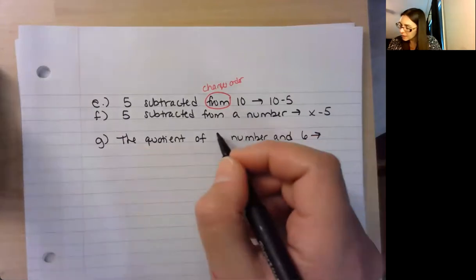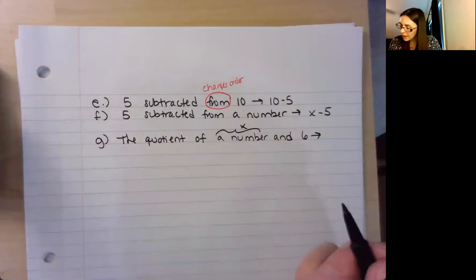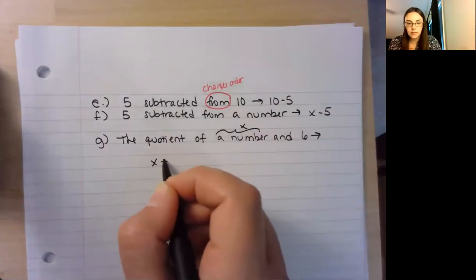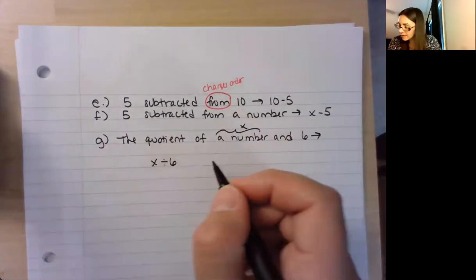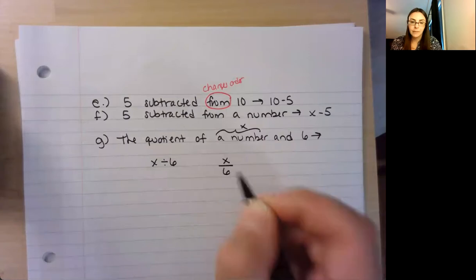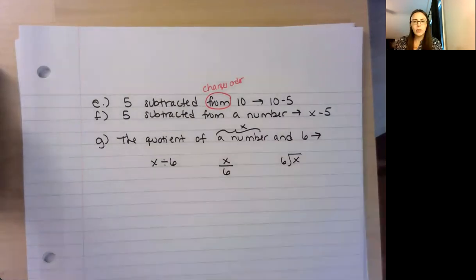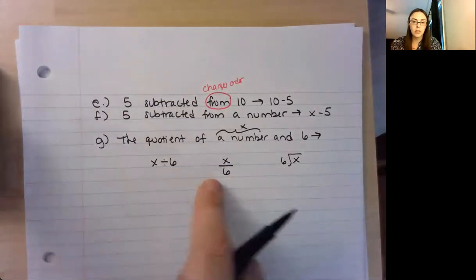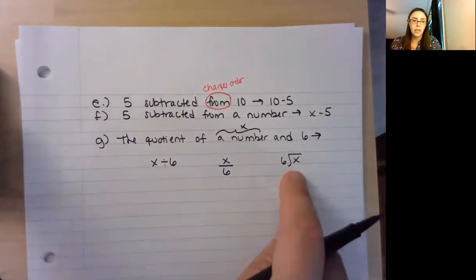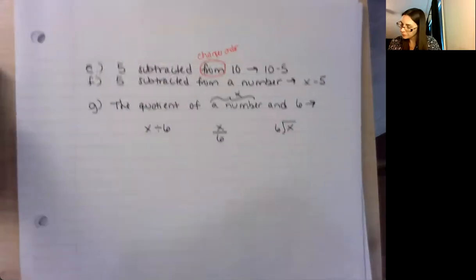And again, I'm using x here for that number. So we're saying x divided by 6. Or we can write it as x over 6. We typically don't do it this way. We typically only use that bar for long division. So it would usually be one of these two would be the more common ways to write it. Although this is not wrong, you just don't see it very often.